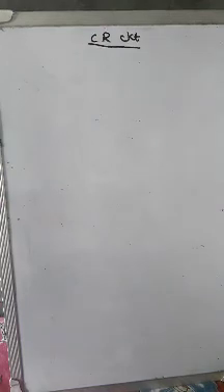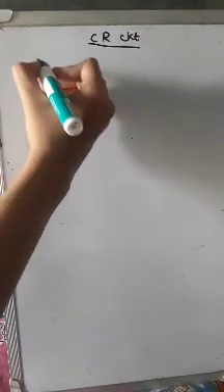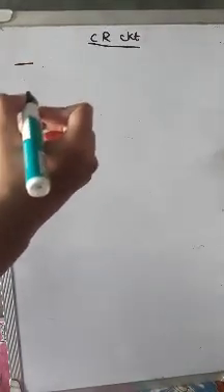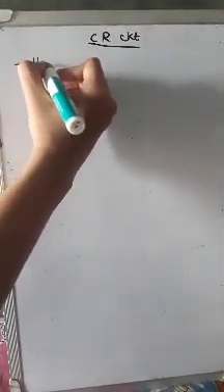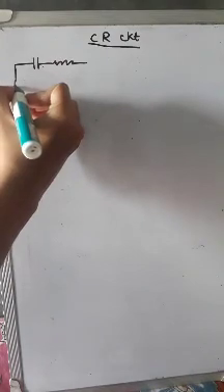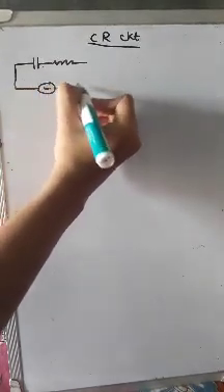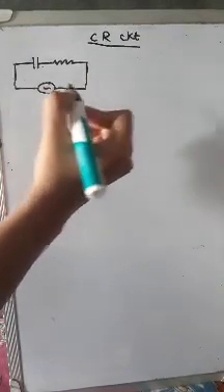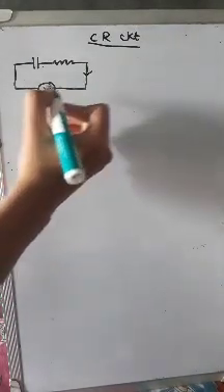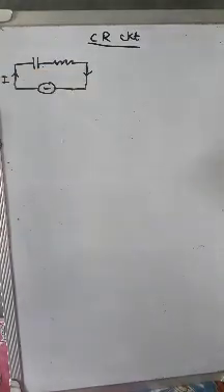Students, let us first draw the circuit diagram for the CR circuit. How will the circuit look? This is your C, this is your R, this is the direction of the current.